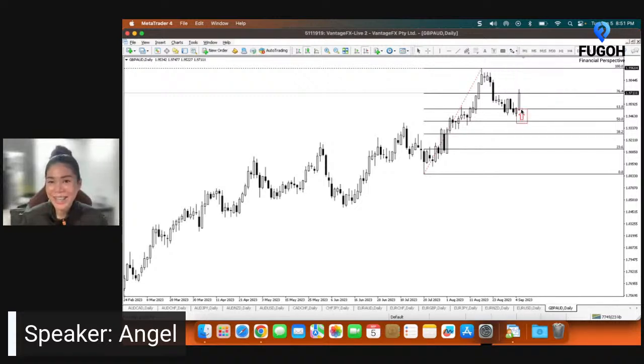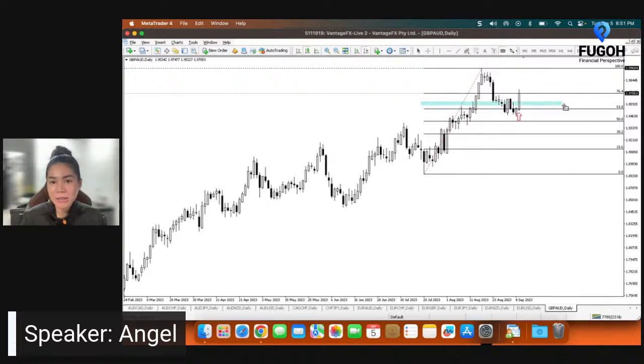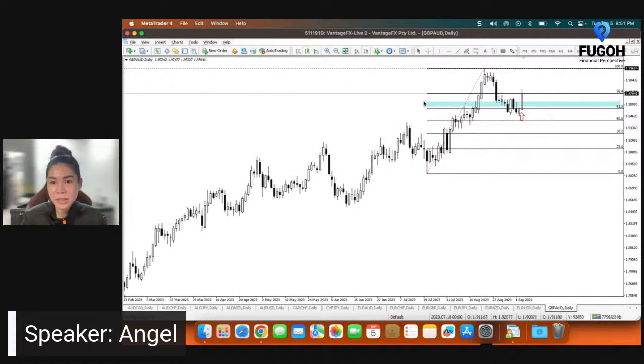If we check this earlier today, then we will be able to enter earlier today. Because this is where 61.8 is. This is the golden ratio. It's a good price level, a good area to buy somewhere here. There we go. But since the price is already here, too late.